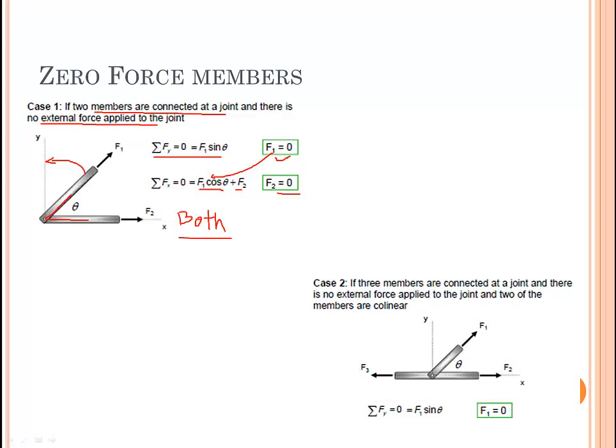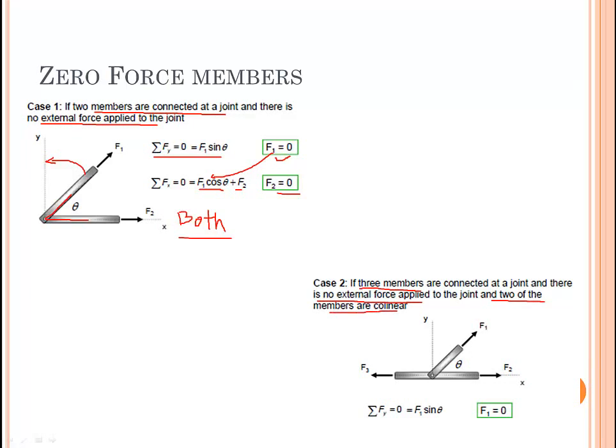The next case is when three members are connected at a joint. In this case there are three members and there is no external force applied. Again, in this case also there should be no external force. And the third criterion is that two of the members are collinear.